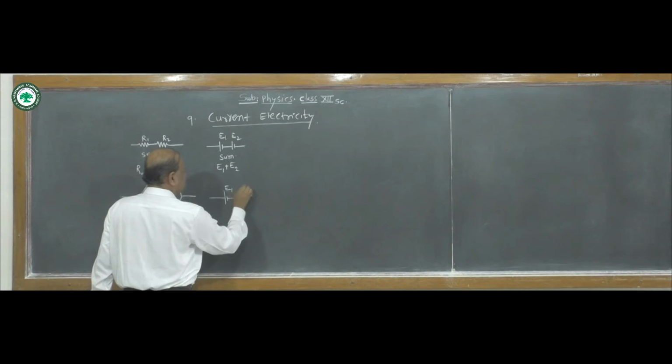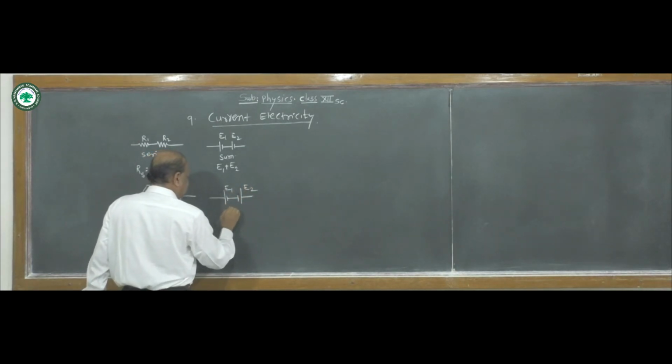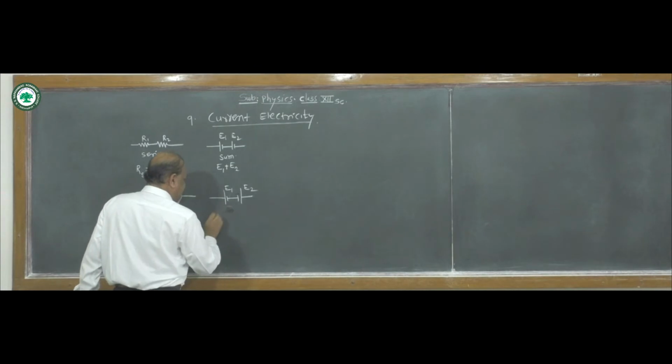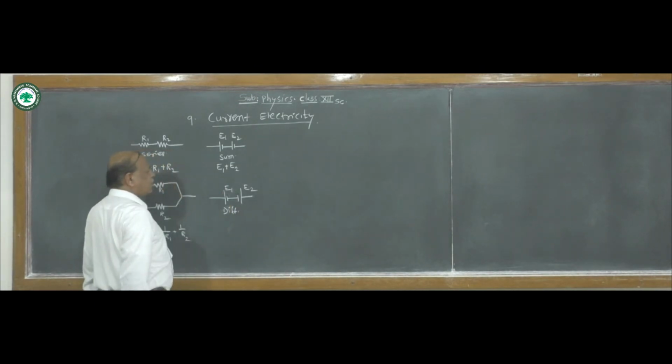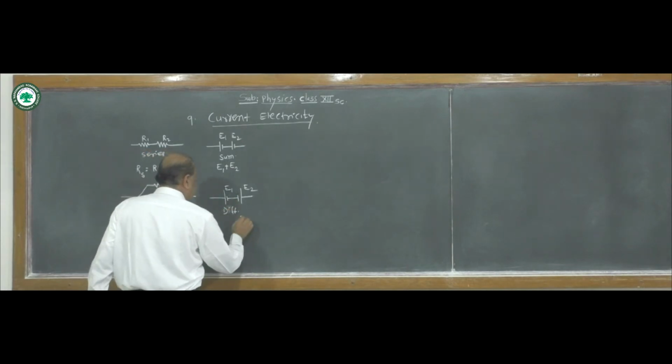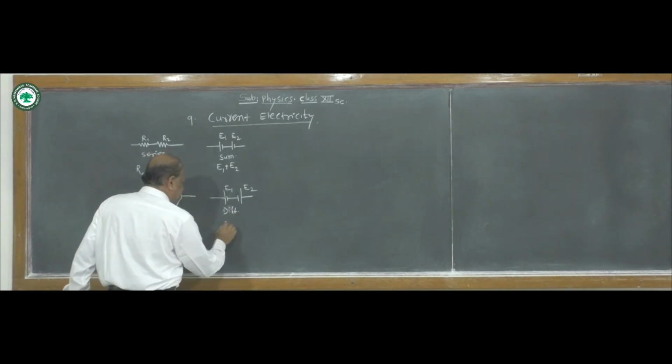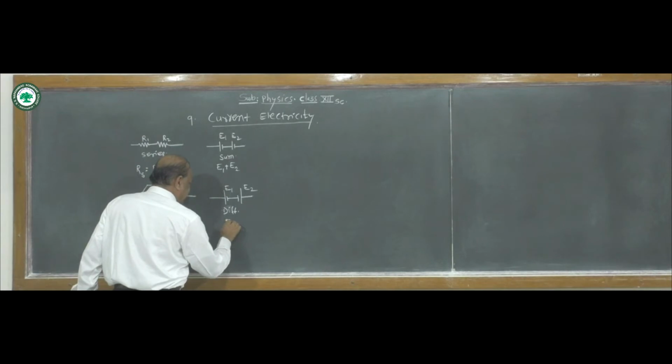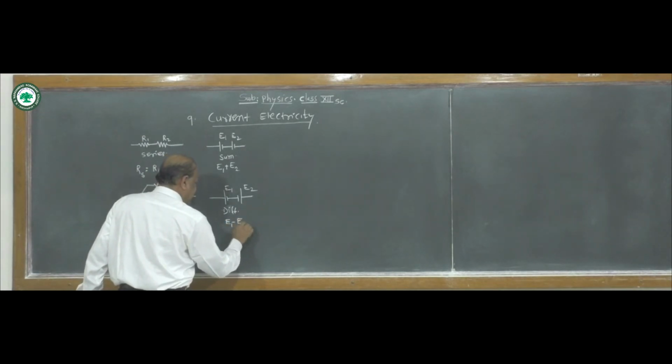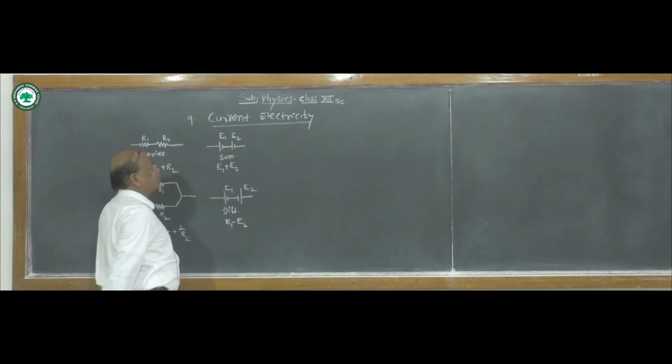This is E1, this is E2, and that is the difference method. Then the resultant is the difference between the EMFs of the cells, that is E1 minus E2.